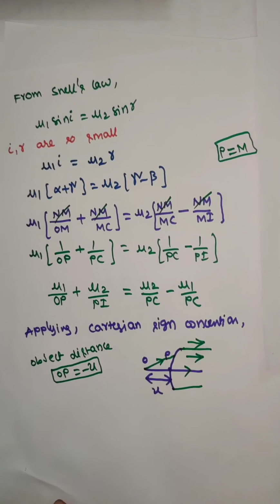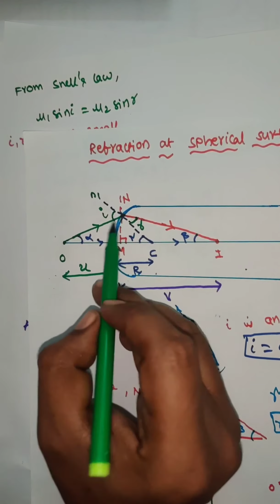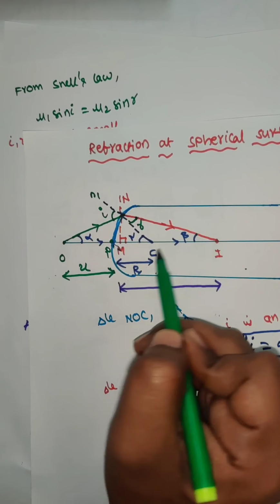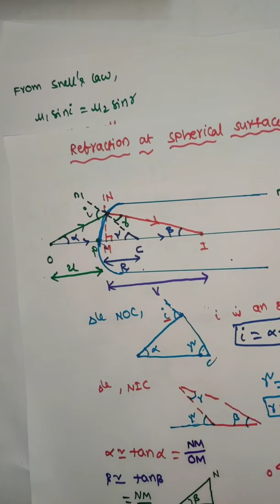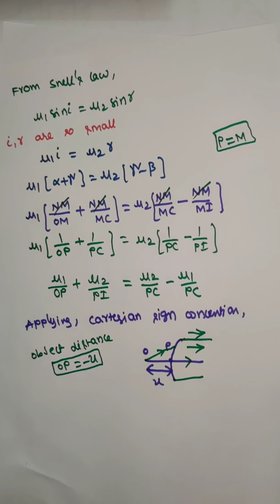So if you take PI, this is the point P and point O. PI is the image distance V. It is in the direction of the incident light, so it can be taken as positive.